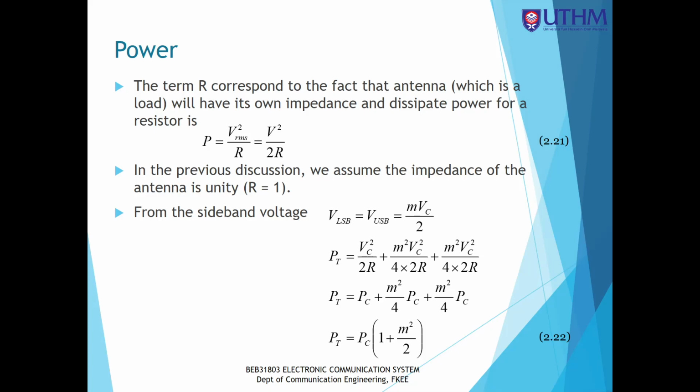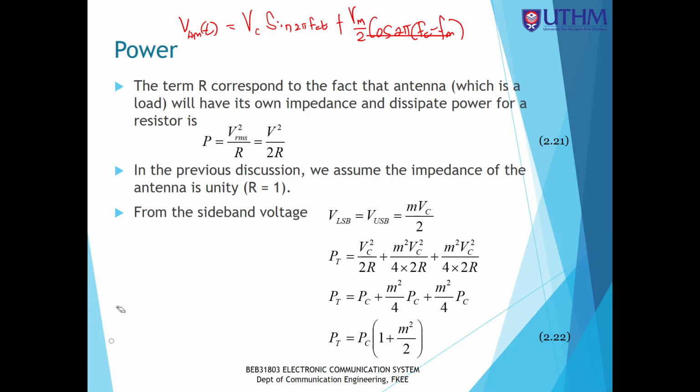Okay, so for double sideband full carrier, you must know the general equation. It is V_AM(t), a function of time, equal to Vc sine 2 pi fc t, plus Vm over 2 cos 2 pi (Fc minus Fm) t.